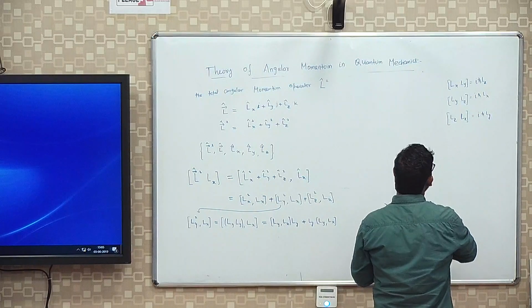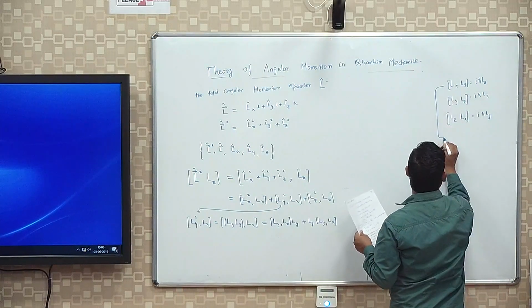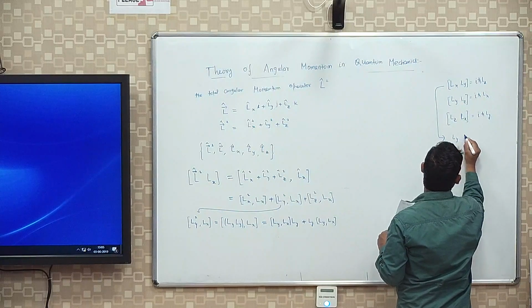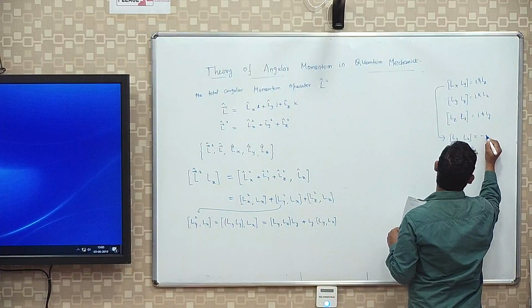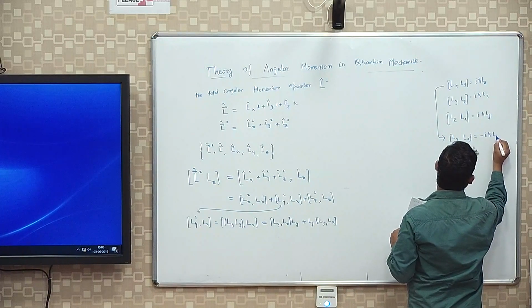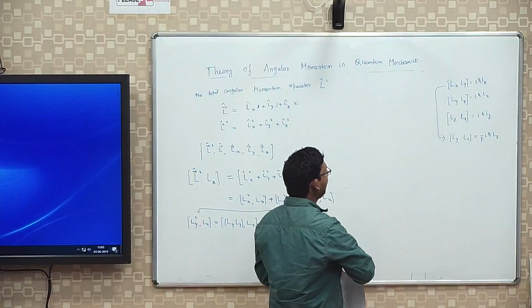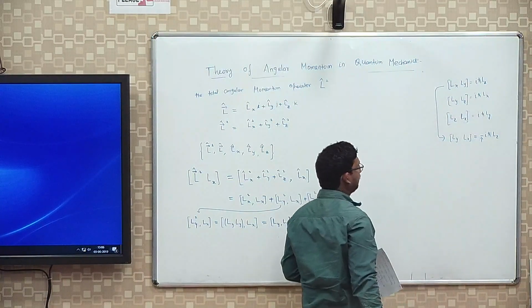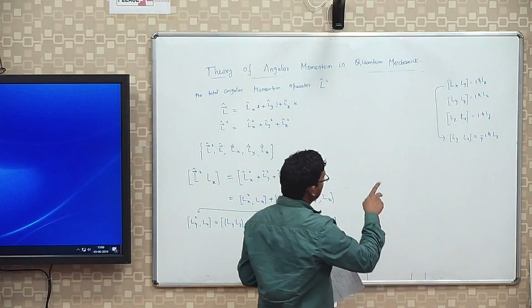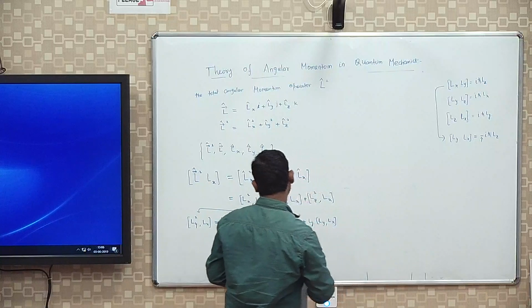If you interchange these two positions, say for example, if I write Ly, Lx, changing the order, then we have to introduce a negative sign here. If you interchange these two positions, you have to introduce a negative sign because the cyclic order becomes a non-cyclic order.